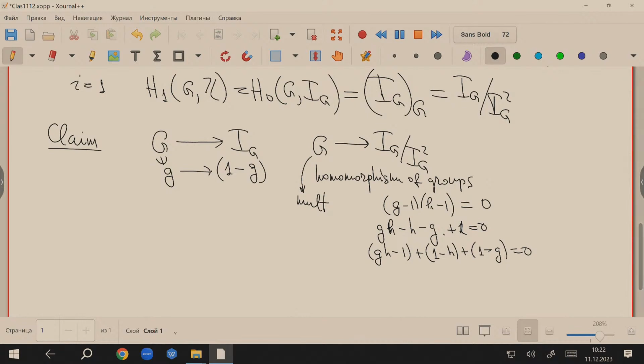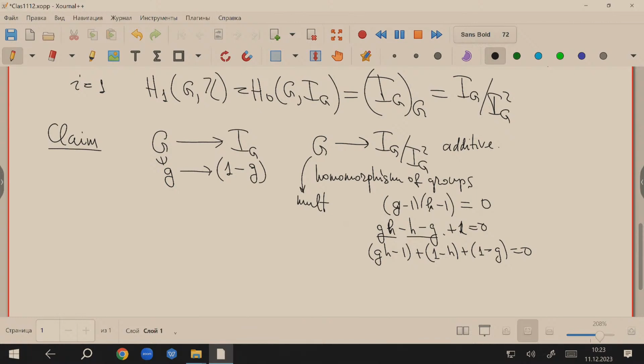So you see that gh maps to the sum of 1 minus h and 1 minus g. This means that here you are looking at the additive structure, and here you are looking at the multiplicative structure.